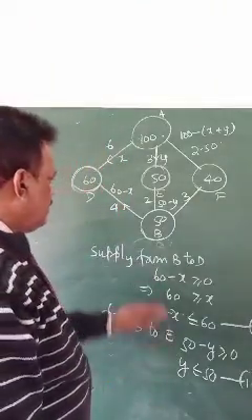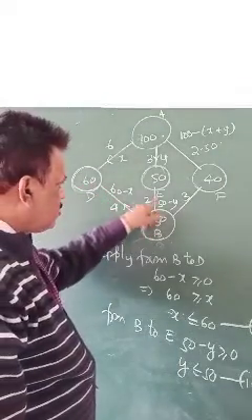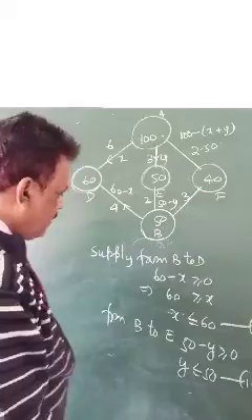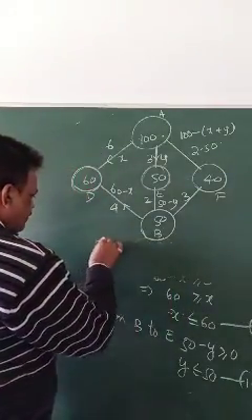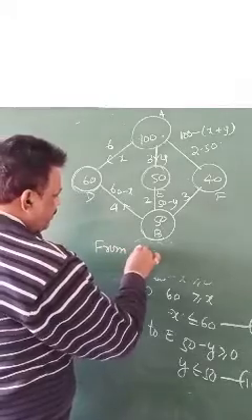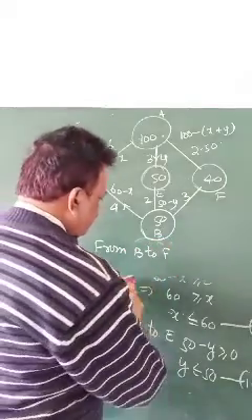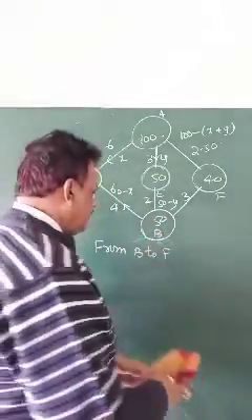Now 60 minus x you gave here, 50 minus y you gave here, the remaining will go from B to F. B has capacity 50.